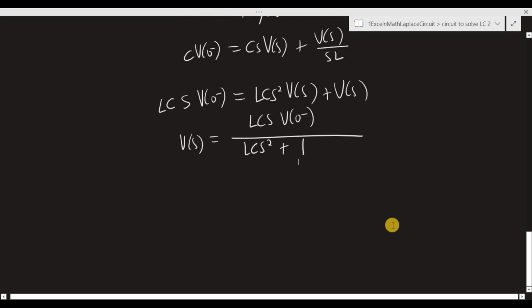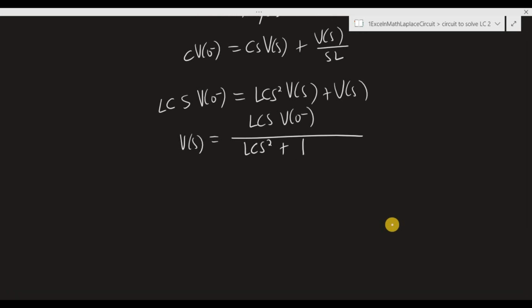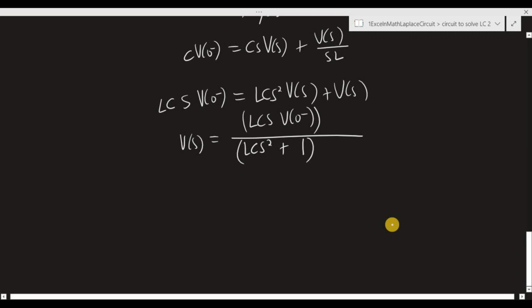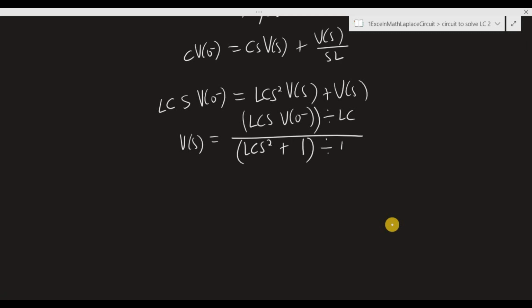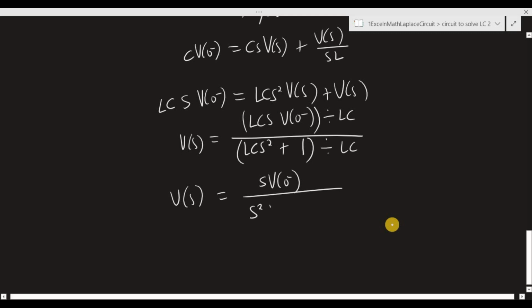Okay, now dividing numerator and denominator by LC, we get V of S equals s V0 minus over s squared plus 1 over LC.